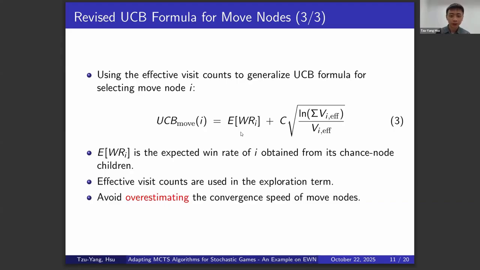In this equation, the exploitation term is the expected win rate of i obtained from its chance node children, and we use the effective visit counts of i and i's parent in the exploration term. With this method, we can avoid estimating the convergence speed of move nodes.